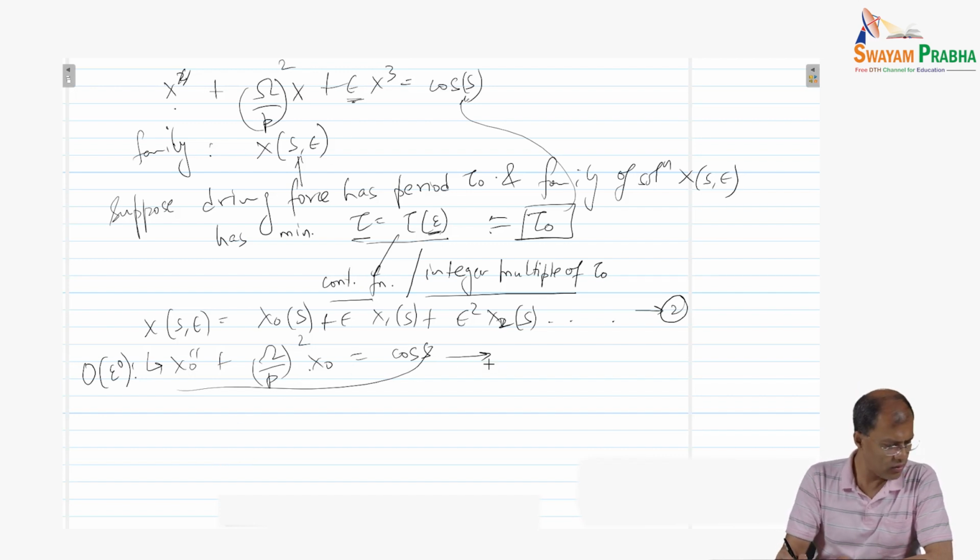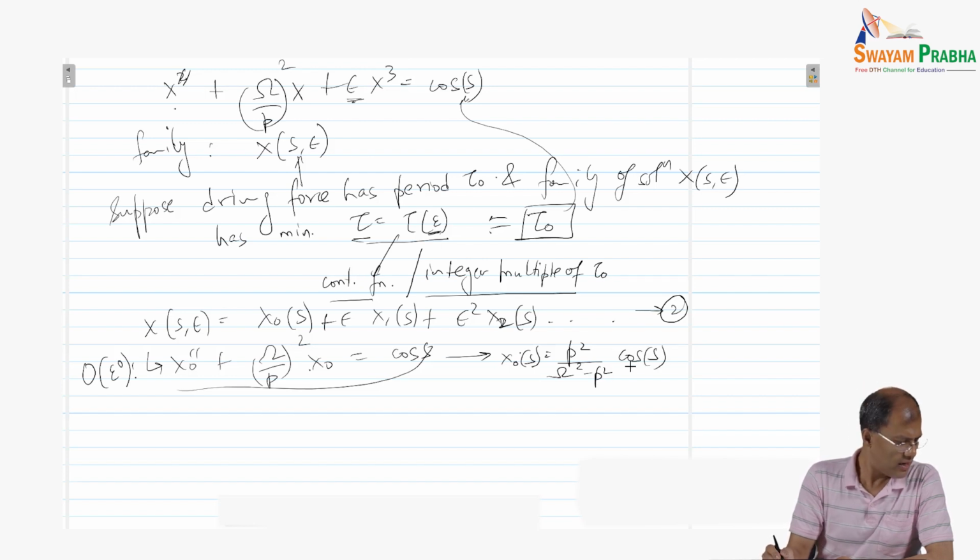We find that the solution is of this form: x naught of s is p square by omega square minus p square cos of s, plus, this is a particular solution because of the non-homogeneous right hand side, plus a cos omega s plus b sine omega s.